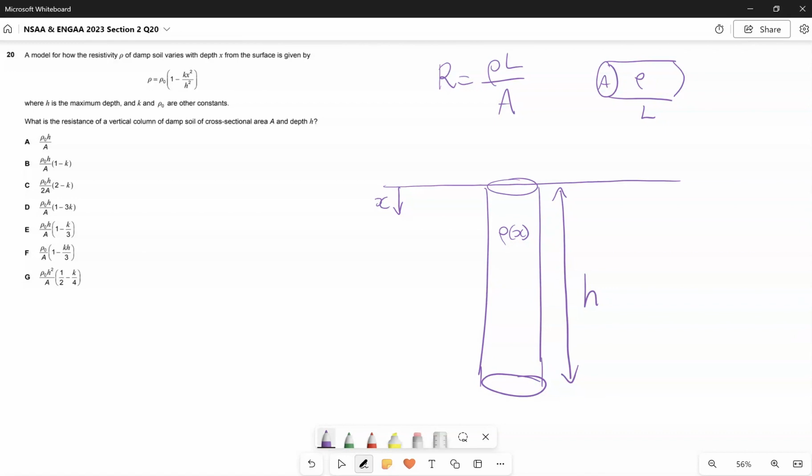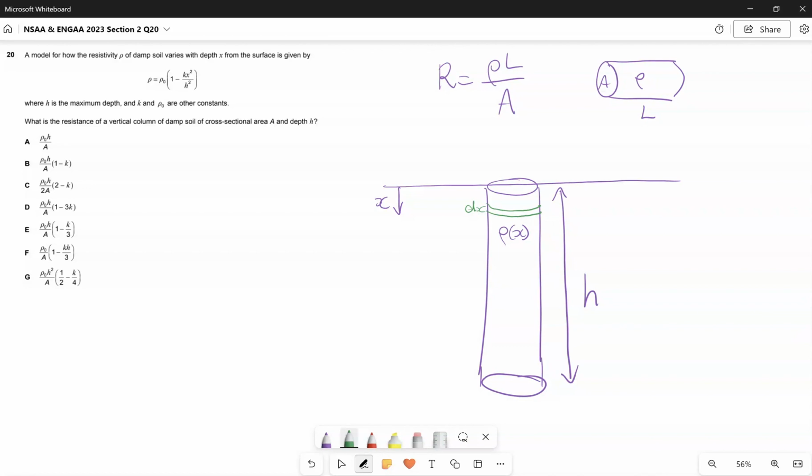So the way to think about this, because we're used to equations where things are constant, is to break this cylinder or column down into very thin sections. Let's say I had a very thin section here of thickness dx, technically delta x, and as the limit tends to 0 this becomes dx.